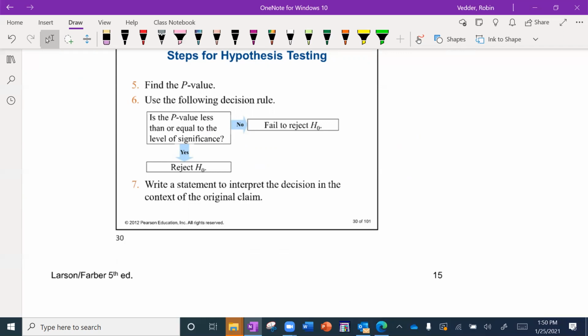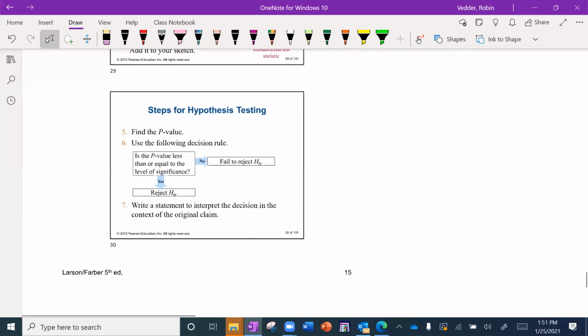That's the chart we just looked at. So you use your chart and write that statement. All right, that's it, guys. And again, I will say that this lesson really comes together in 6.2. We actually start using these steps for hypothesis testing.